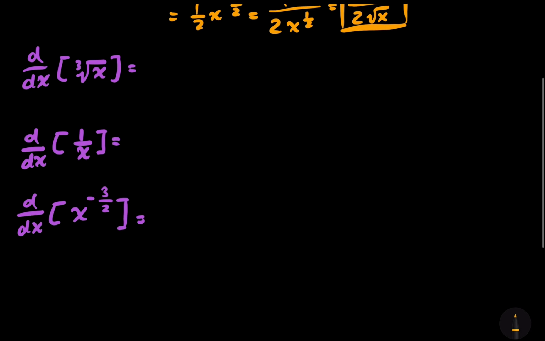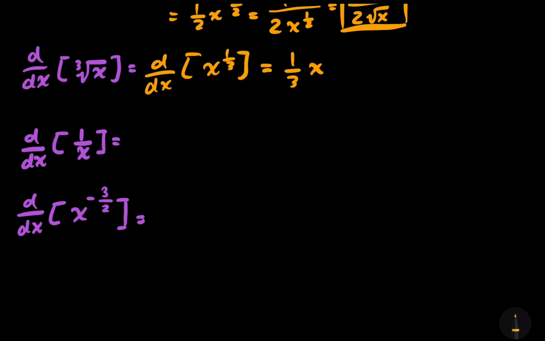So let's do the same thing, but with the cube root of x. We can rewrite the cube root of x as x to the 1/3. When we take the derivative, we apply the power rule again. So we get 1/3 x to the 1/3 minus 1. And 1/3 minus 1 is 1/3 minus 3/3, which is negative 2/3. So this is rewritten as 1/3 x to the negative 2/3.